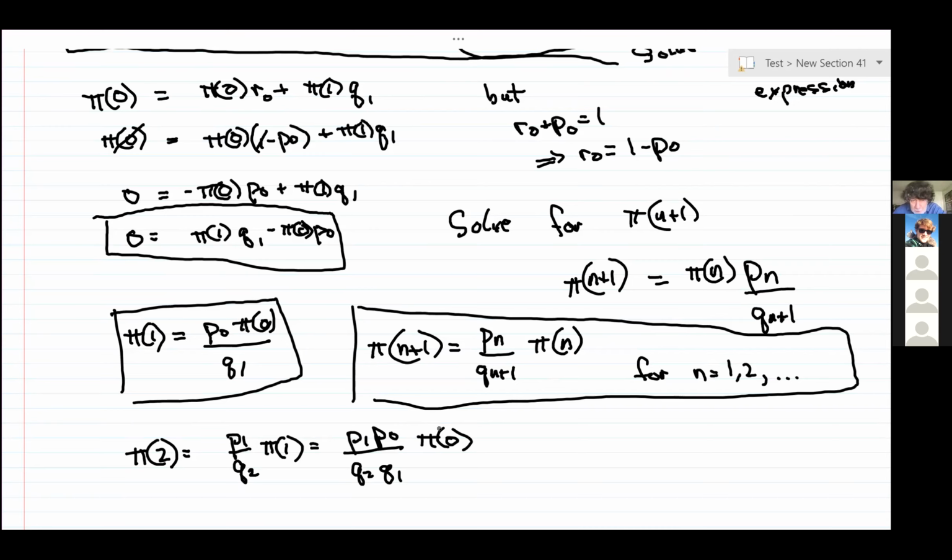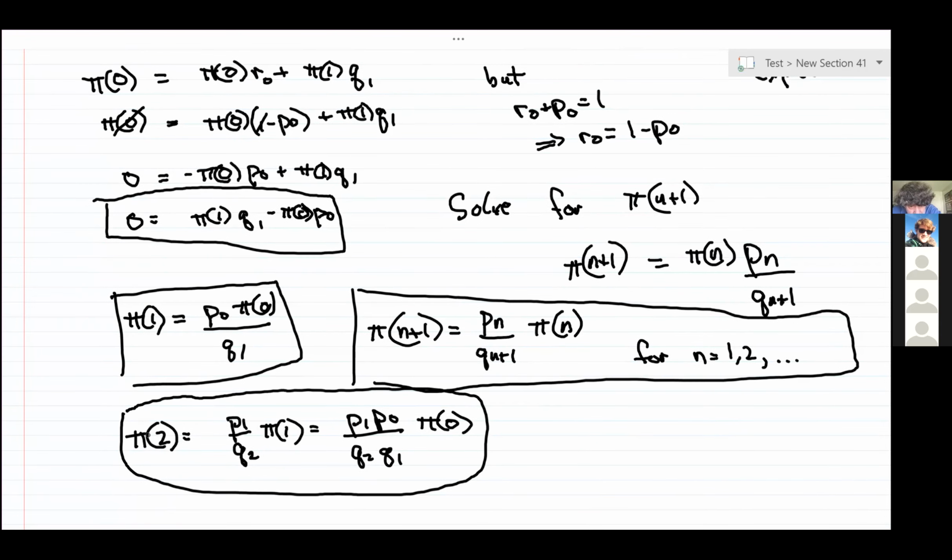Okay, so we're making progress. How so? We have pi 1 in terms of pi 0. That's this equation. We have pi 2 in terms of pi 0. That's this equation. We can similarly find pi 3 in terms of pi 0.